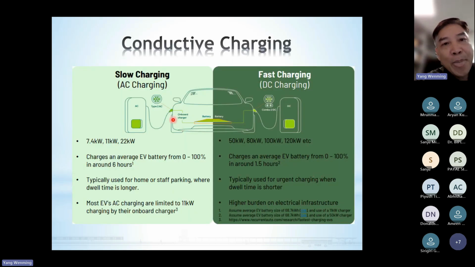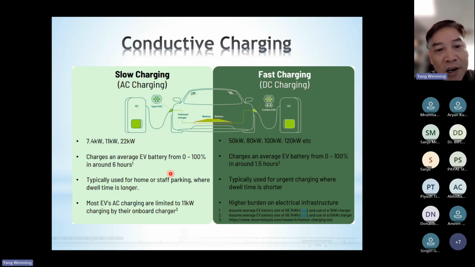Now I'm going to introduce the conductive charging. Again, conductive charging can be further divided into two categories. First one is slow charging, which uses AC charging. We have three types of charging power. The first one is 7.4 kilowatts, the second one is 11 kilowatts, and the third one is 22 kilowatts.